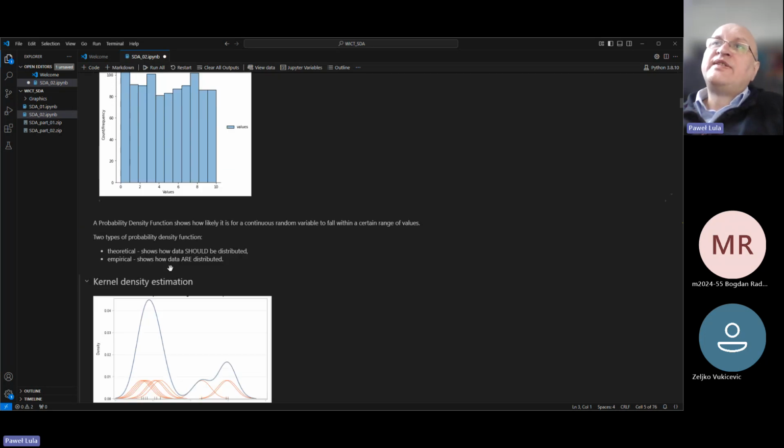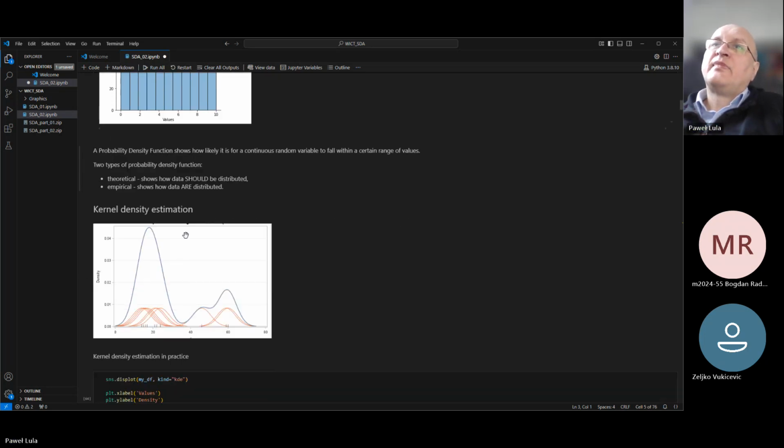So we see how these values are distributed, maybe between different ranges, different intervals.